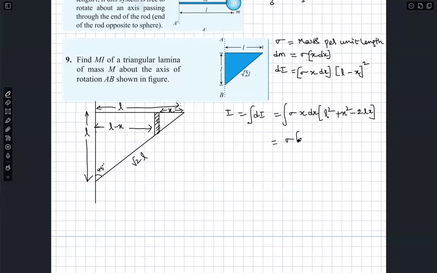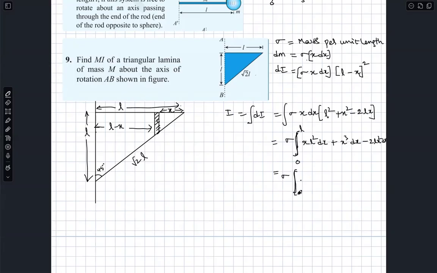X is from 0 to L. Do the integration part very carefully.